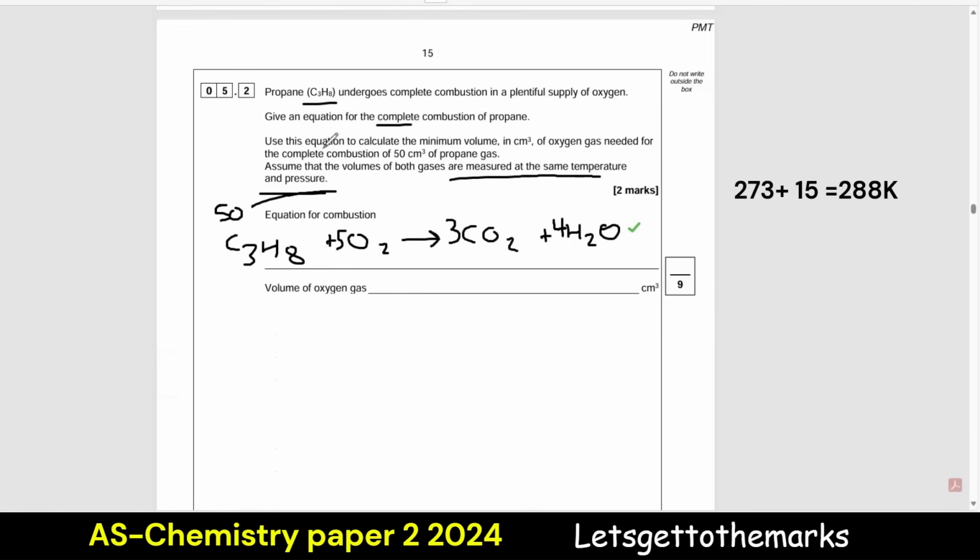Use this equation to work out the minimum volume of oxygen. Right, so I just need to times by 5. So I just need to do 50 times 5. Why? Because the ratio is 1 to 5 of propane to oxygen. And I'm going to get 250. Makes sense. Easy peasy, lemon squeezy. So the answer is 250 centimetres cubed. Dead easy peasy.